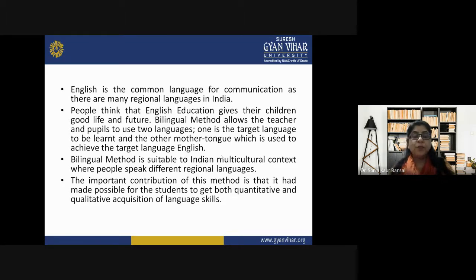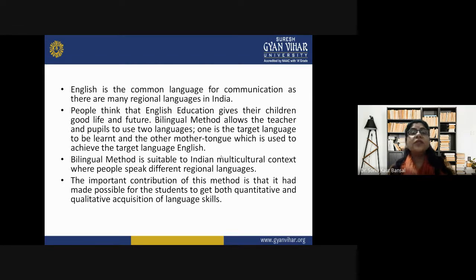Then people think that English education gives their children a good life and future. When parents send their children to English medium schools, they think that now their future is bright and they will learn the English language. This is how they take the English language as very important.